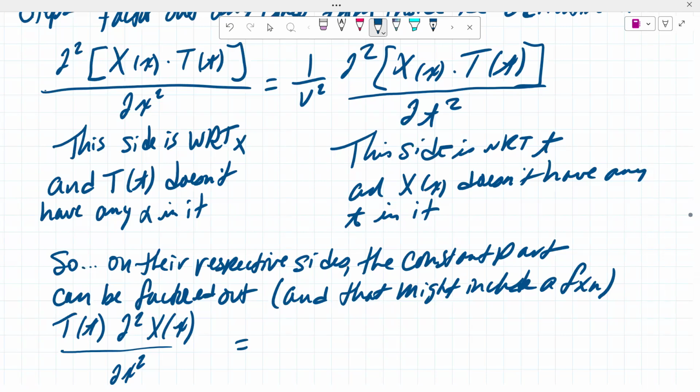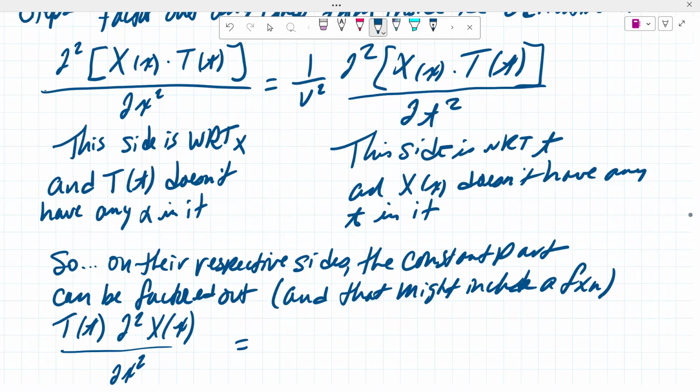But now look, we have this T of t and dt squared, right? So the t is the variable on this side. That means that the X of x is not needed to be integrated, right? So this can come outside. So we'll factor that one out. And X of x times 1 over v squared would just be X of x over v squared, right?